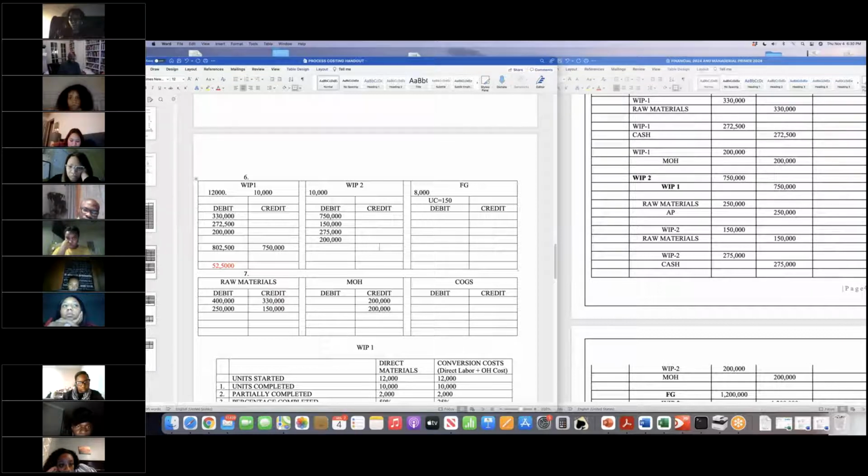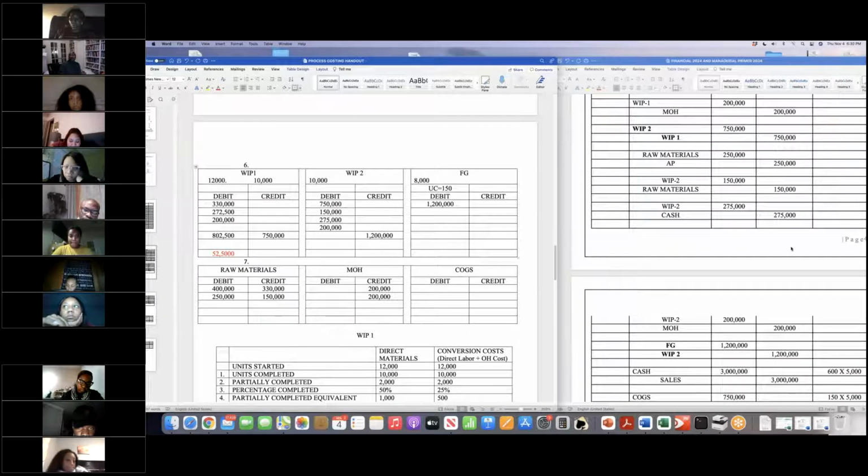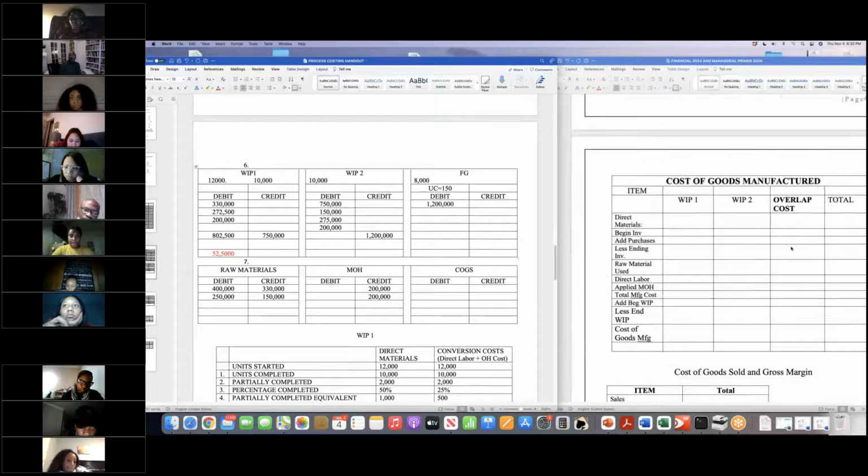We transferred out 1,000,002. So what was our total cost in the account? If we add all of these up, how much is it? 1,375,000.